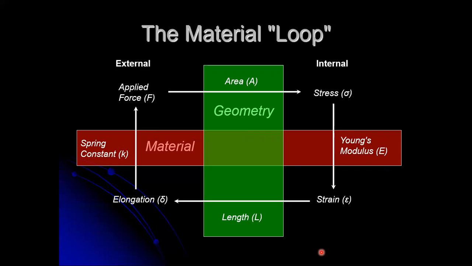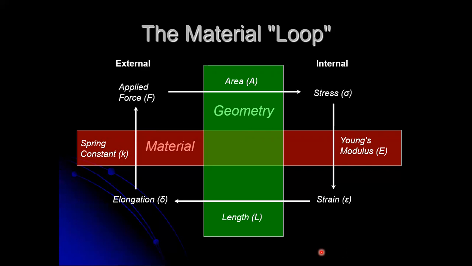Spring constant depends on material and material alone. Young's modulus depends only on the material. So the connection between the load and the response of the member, that's all about material.